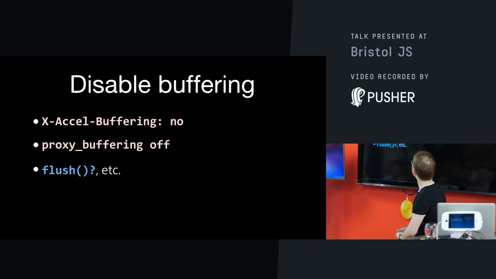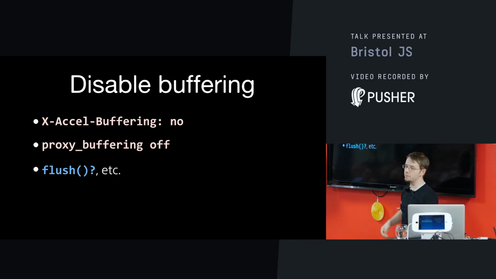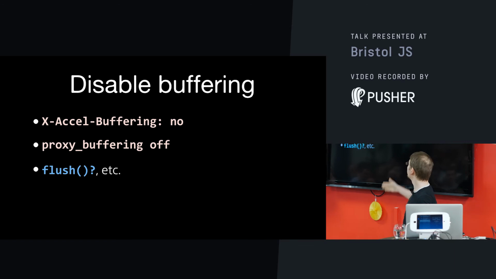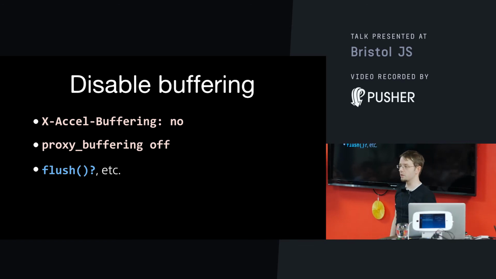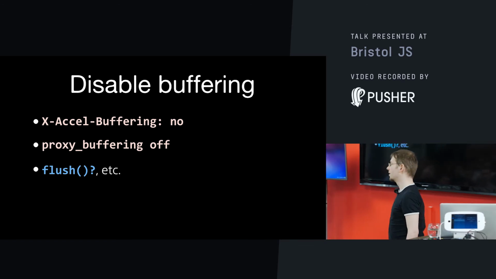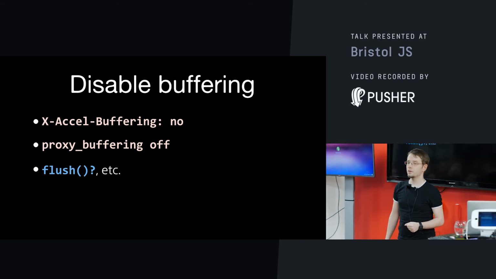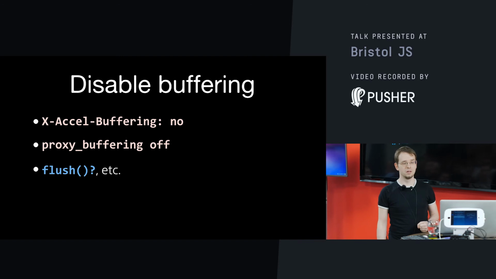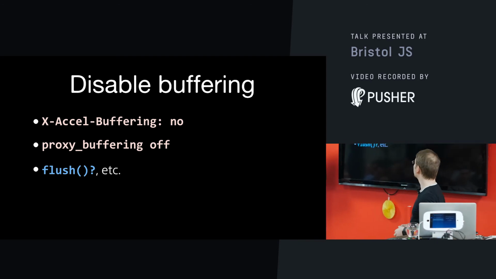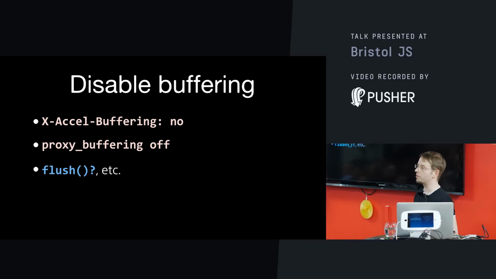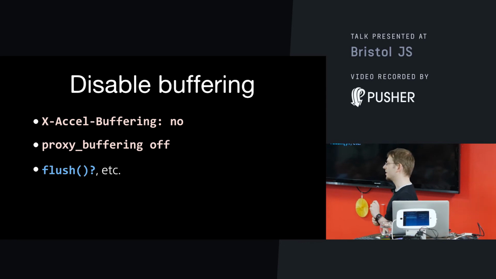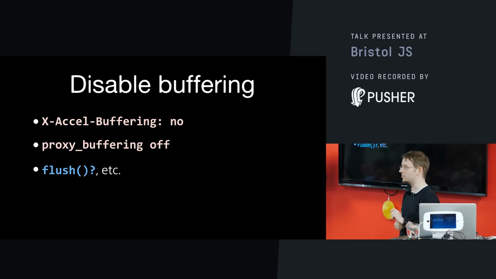So specifically for Nginx, you can send an HTTP header that disables buffering or set a configuration option that disables buffering. If you're using other proxy servers like HAProxy or something like that, check the documentation for your proxy. If messages are not arriving, it is probably just due to buffering.